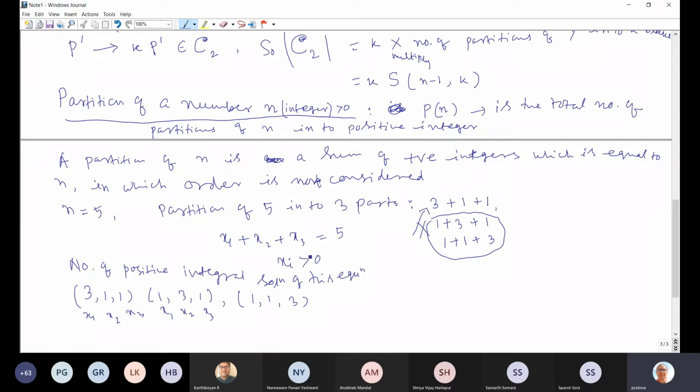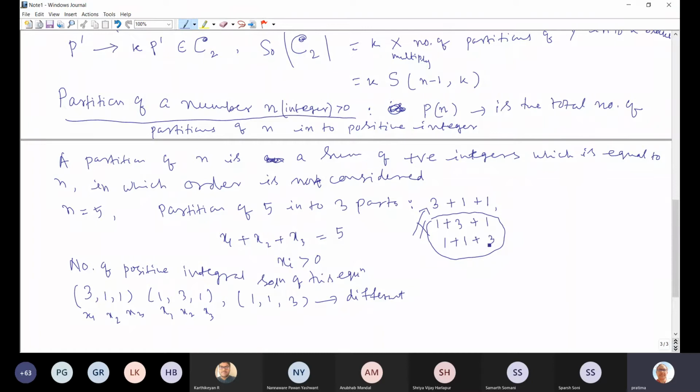But just understand here that when we are solving this equation for positive integral solutions, they are all considered to be different solutions of the equation.